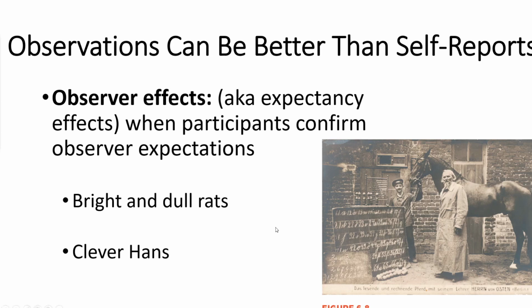So their behavior matched what was expected based on the observer's understanding. Maybe the rats were reading cues from their experimenters or something, but it's a really neat situation where the behavior matches the expectations, which is kind of cool.